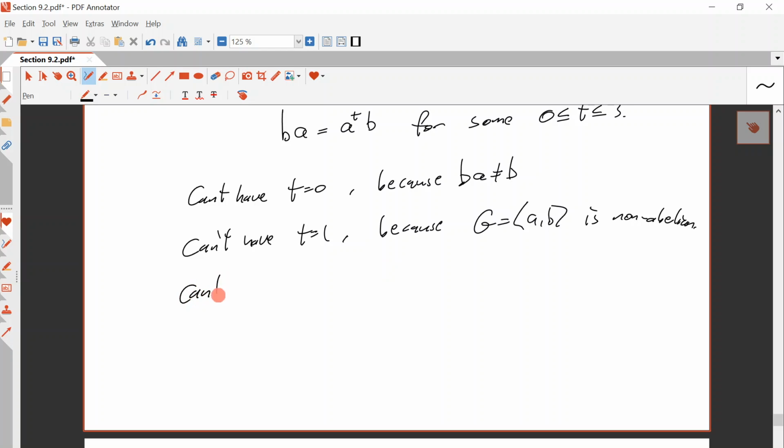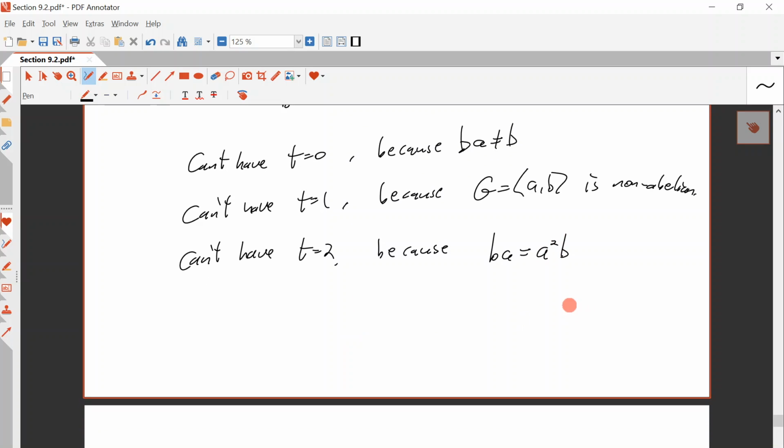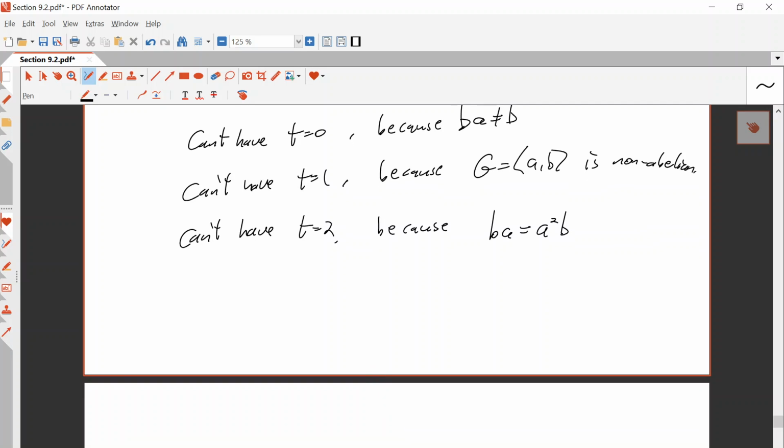Can't have T equal to 2, because BA equal to A squared B. What's the problem with that one?